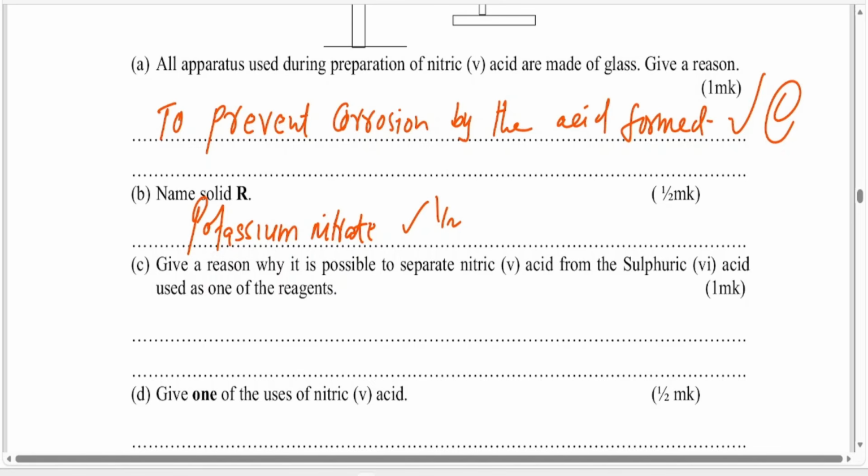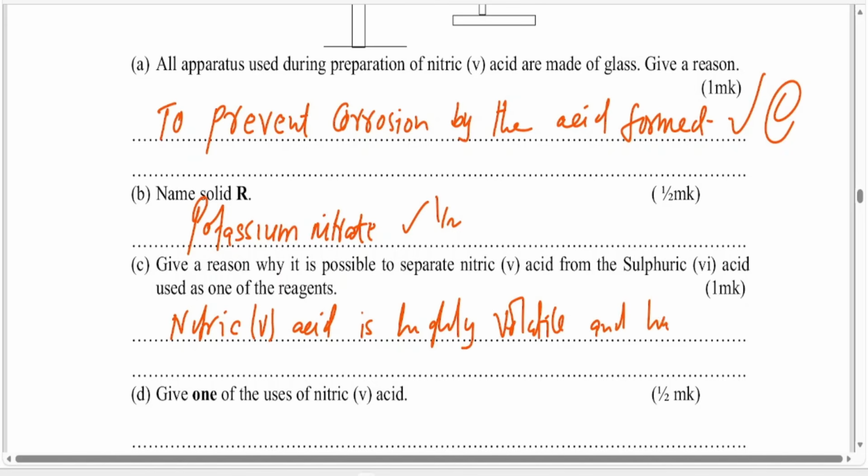So we say nitric (V) acid is highly volatile and has a relatively low boiling point than sulfuric (VI) acid.